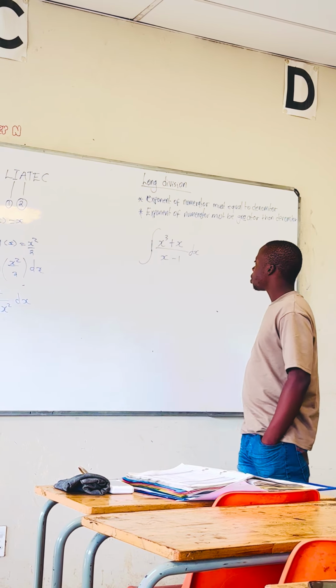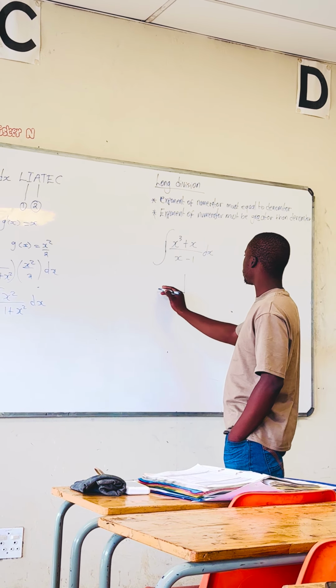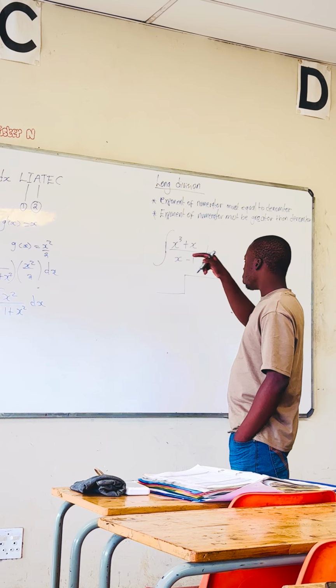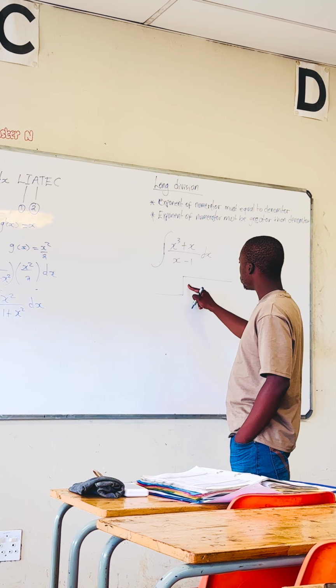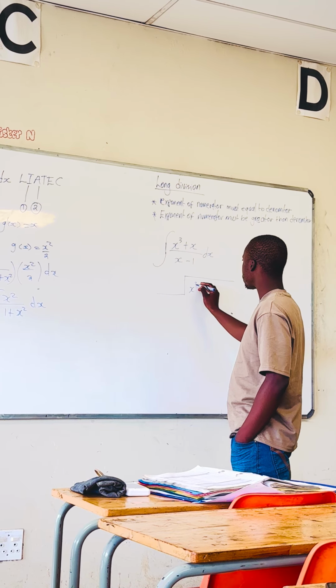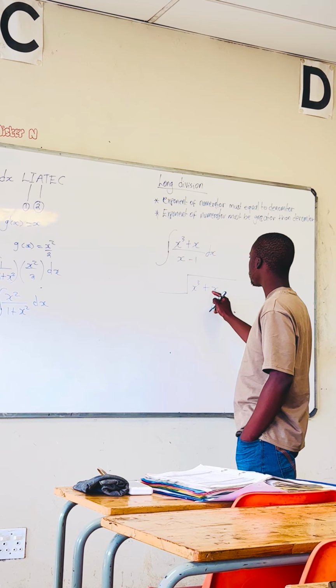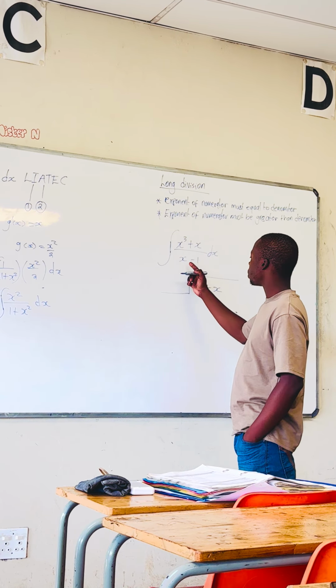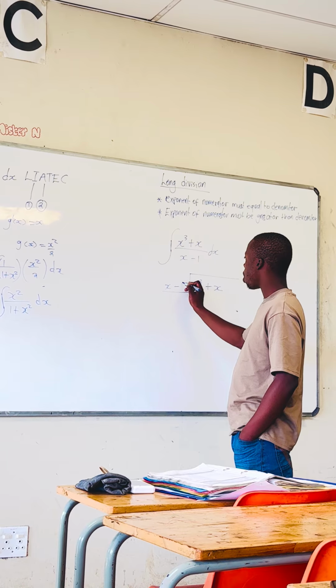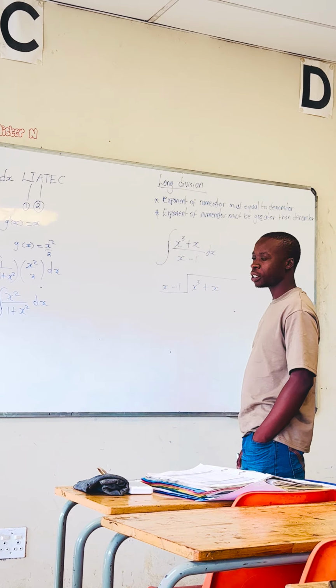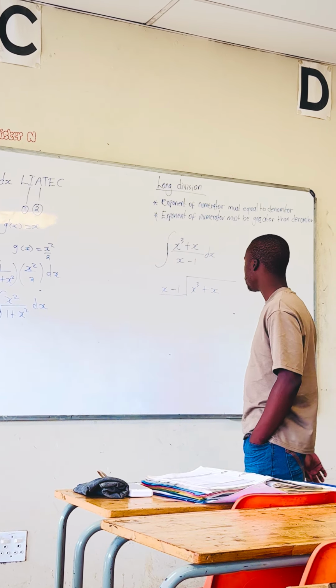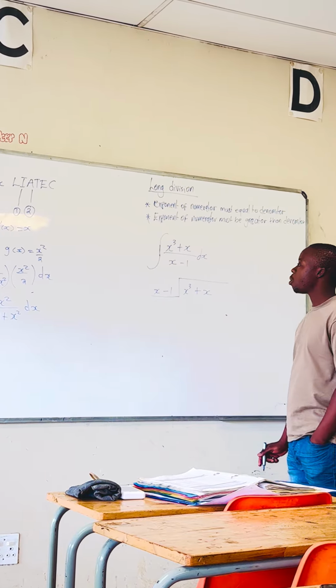So according to long division, you take your numerator to be your f of x. So our function, we're going to put it there, and then we take the denominator to be our divisor.